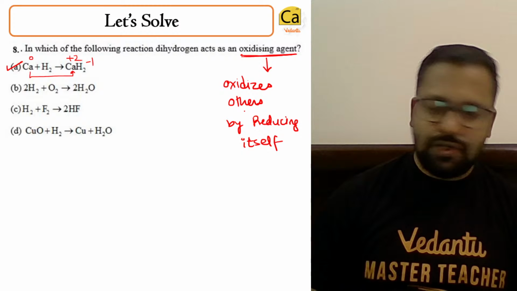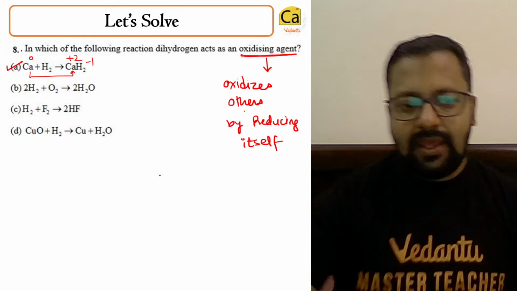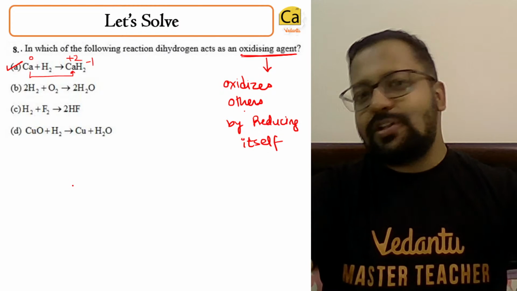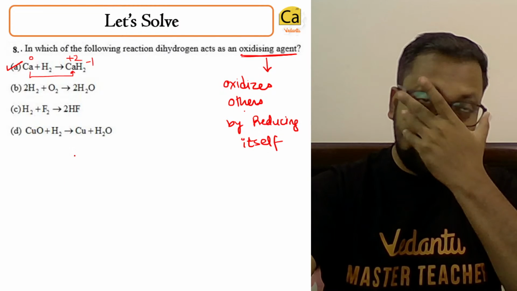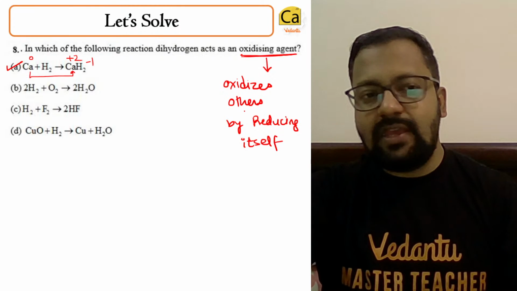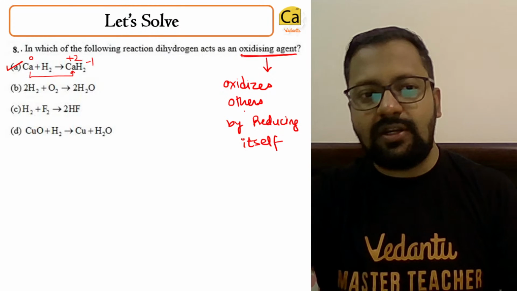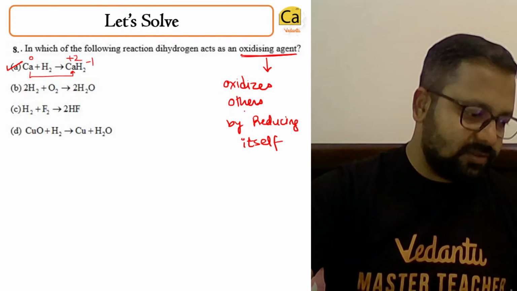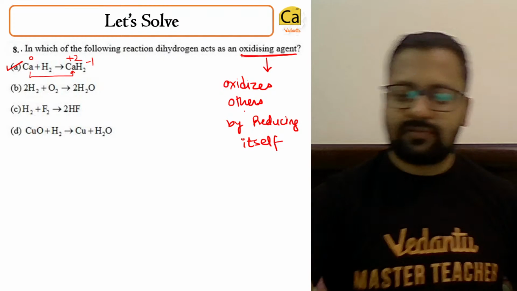Answer should be A. Remember, if in any reaction hydrogen is behaving as an oxidizing agent, it will acquire a negative charge, and if it is behaving as a reducing agent, it will acquire a positive charge.